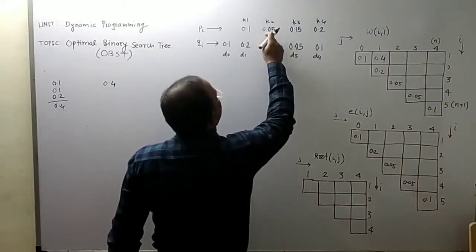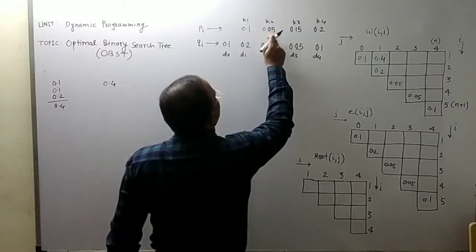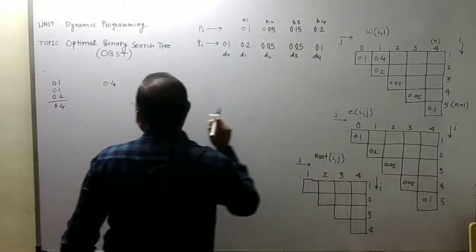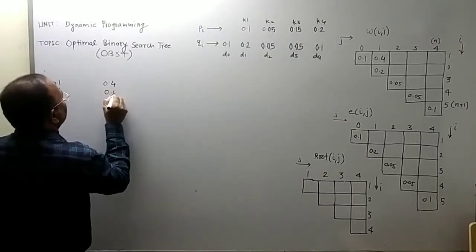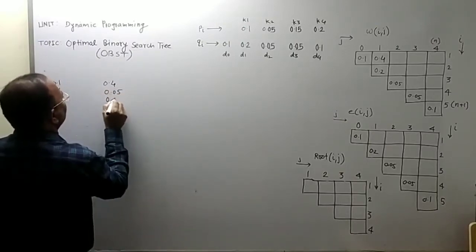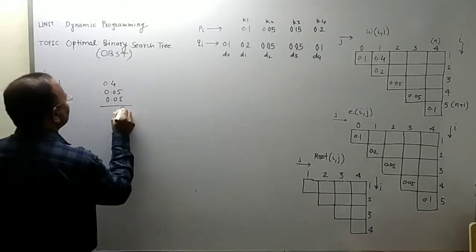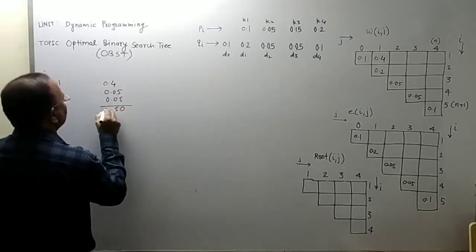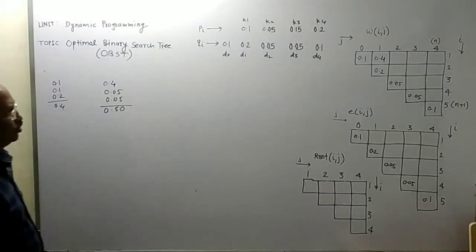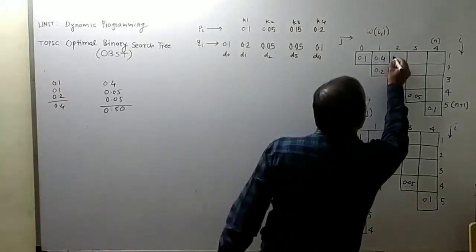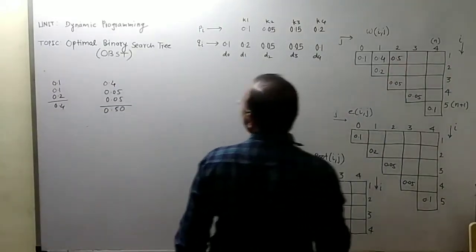The probability of K2 is 0.05, probability of D2 is 0.05. Take the sum of this, it comes to 0.5. So write here 0.5 for this cell.